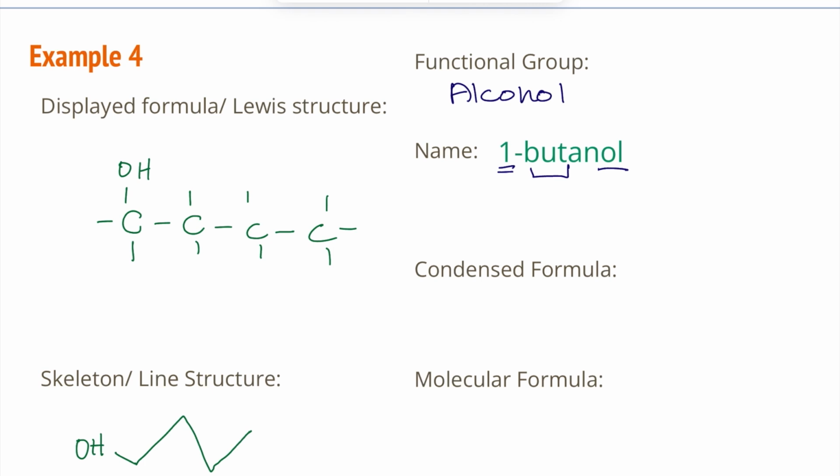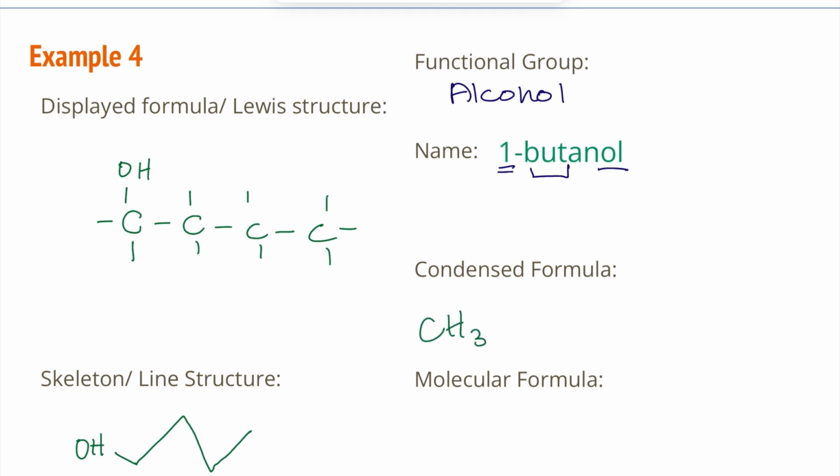Doing my condensed formula, the condensed formulas usually will put the functional group at the end. So I'm going to start from this end, even though we're numbering this as number 1. You could do the CH2OH first, but normally the functional group, they like to put it at the end if they can, just because then you can kind of see what is changing the behavior of that molecule.